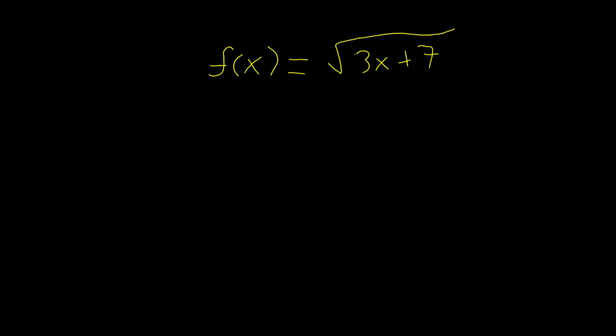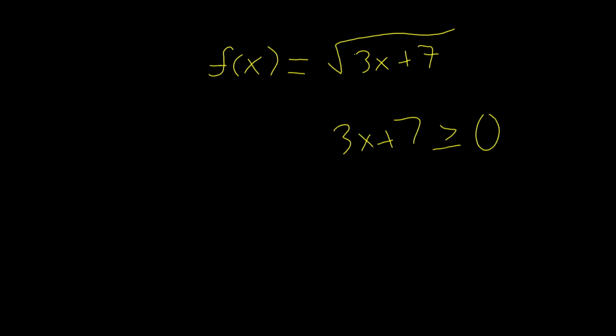So let's ignore the radical sign for now, and let's just write this as 3x plus 7 is greater than or equal to 0.